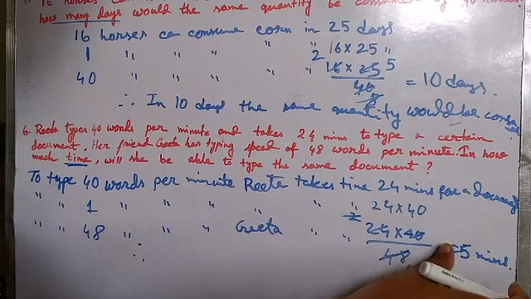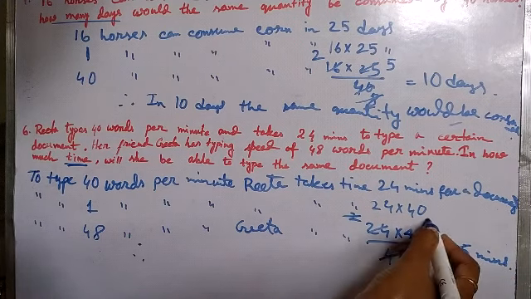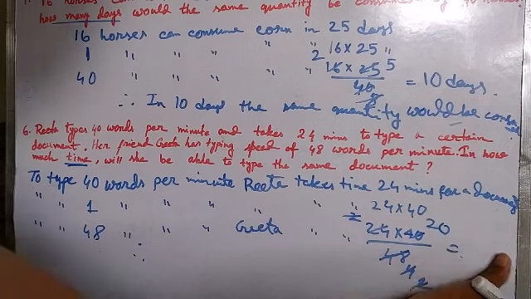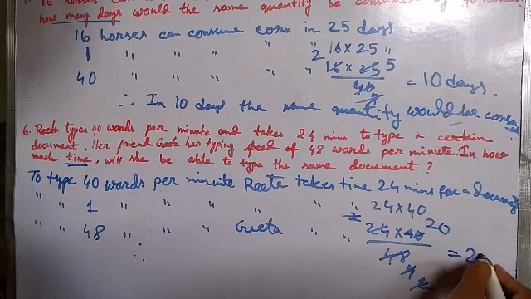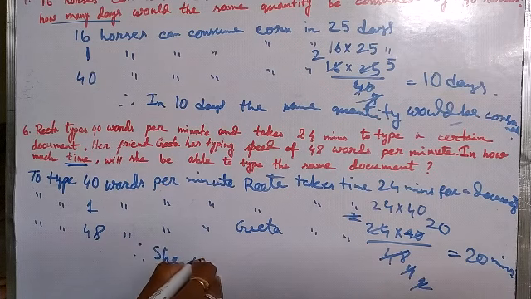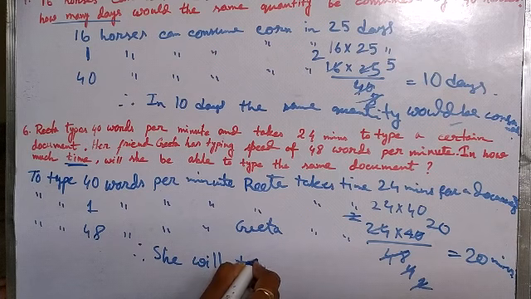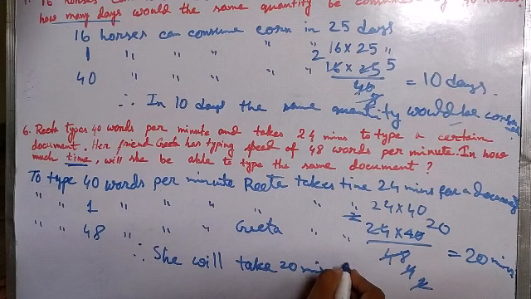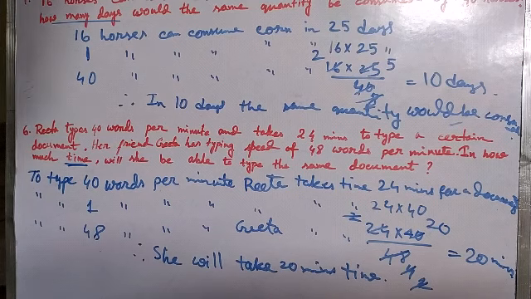That means 2 20s are 40. So this will be 20 minutes. Therefore, Geeta will take 20 minutes to type the same document.